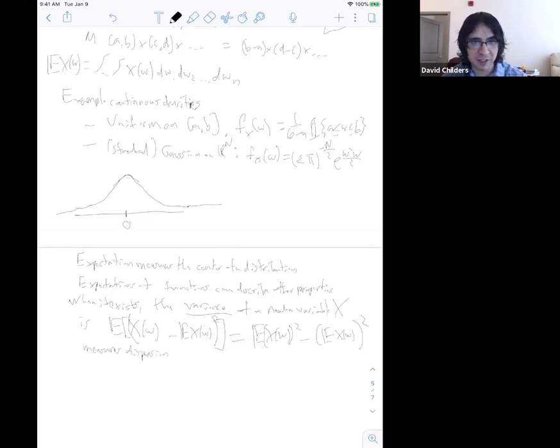And so if the variance is small, the distance between x omega and its mean in this quadratic sense is small on average. And so probabilistically, you might say that with high probability mass, this distribution is close to its mean. That's of course weighted.